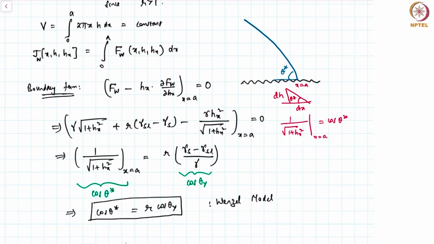Okay, so once you know a smooth surface, an atomically smooth surface, then if the Wenzel model is valid, you can straight away determine the angle for a rough surface.